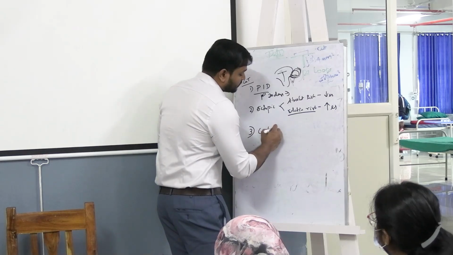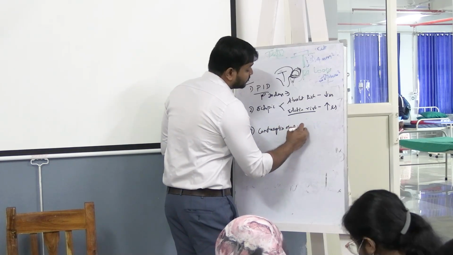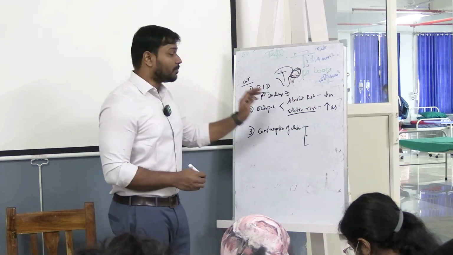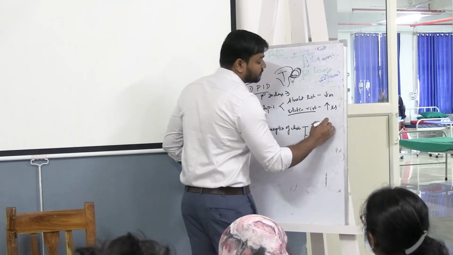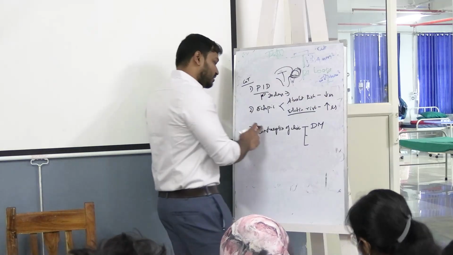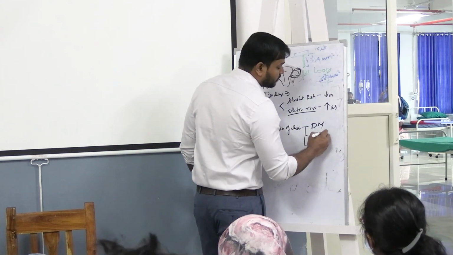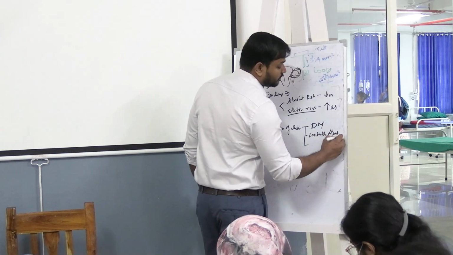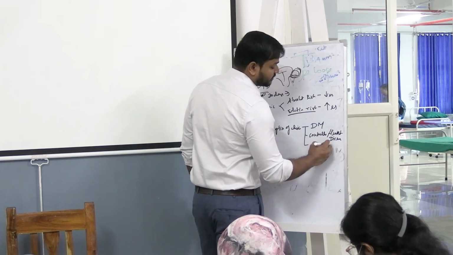Contraception of choice. In some people we use copper T as the contraception of choice. In diabetes mellitus, people with GDM, diabetes mellitus, contraception of choice is copper T. Controlled heart disease, HIV patients.